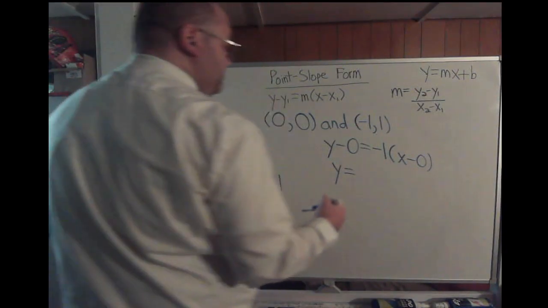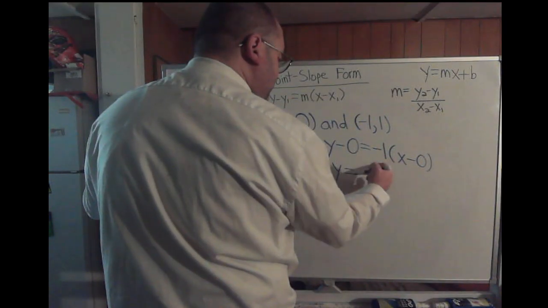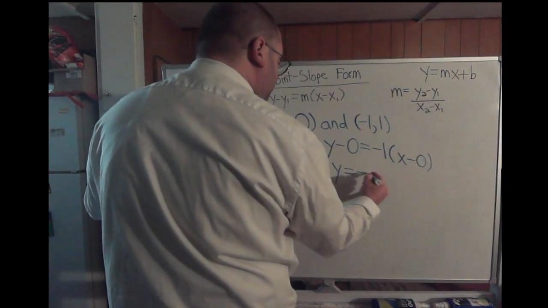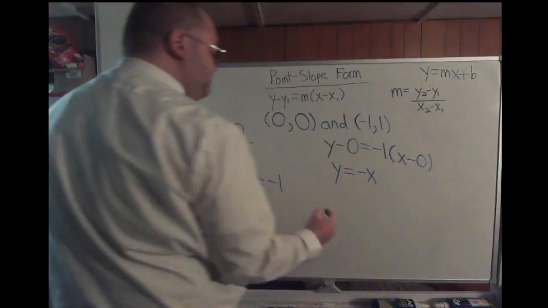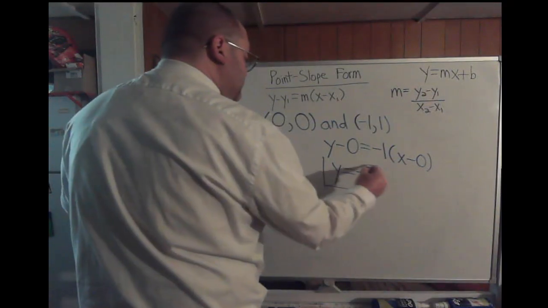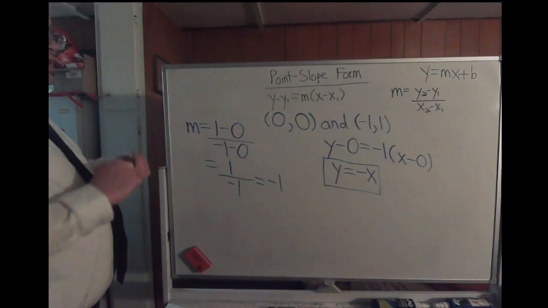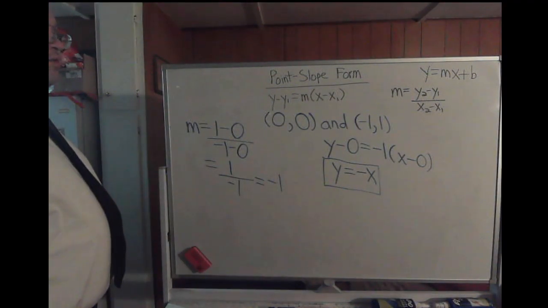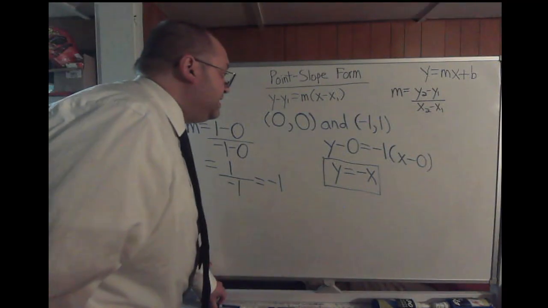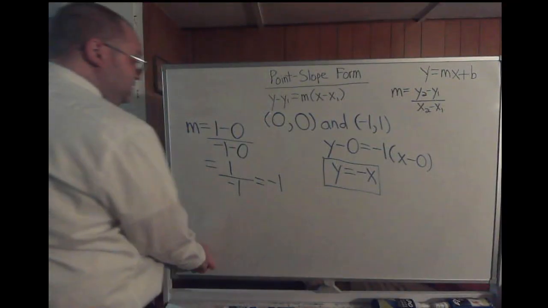We have negative 1 times x minus 0, which would just be x. Negative 1 times x is just negative x. So that's all we can do with this. Y equals negative x is our equation. Y equals negative x would be our slope-intercept form. That would be the best we can do. So there's that.